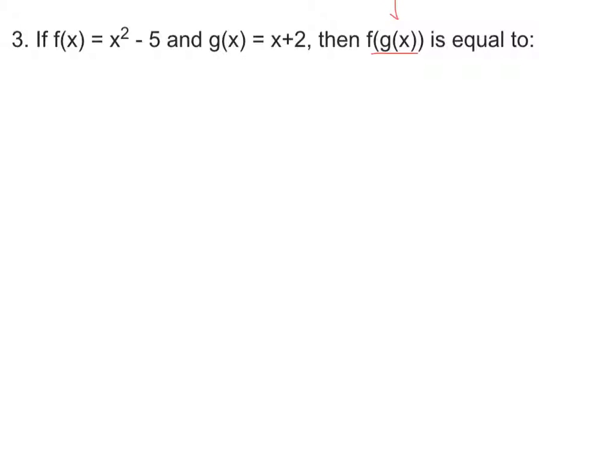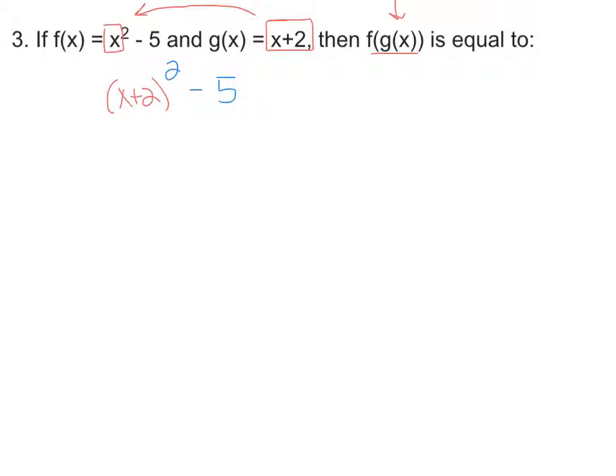Since g is on the inside of the parentheses, what this question is asking you to do is to take the x plus 2 for the g function and substitute that in for x in the f function. So what this is going to look like is x plus 2, this part is going to be squared, and then the minus 5 comes after it. So the x plus 2 is coming from the g function.